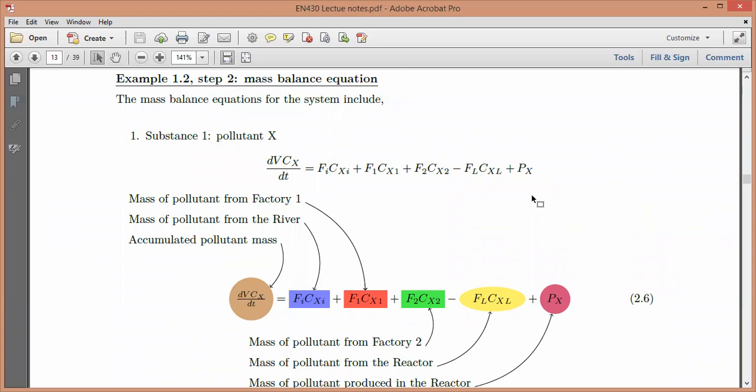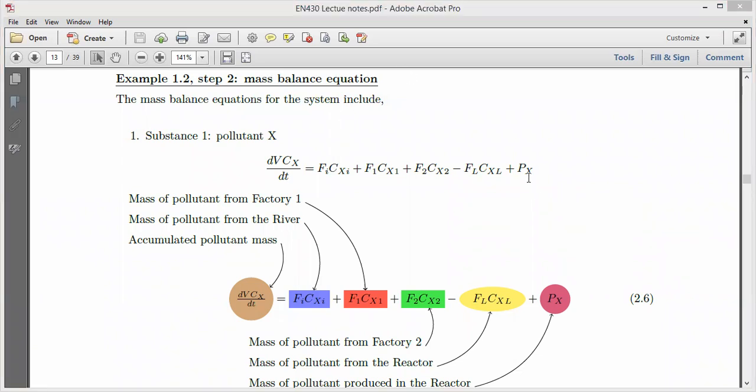Okay, so at t equals 0, what is the concentration of pollutant X in the lake? So at t equals 0, provided that these factories will be discharging at the same time, it means that the concentration of pollutant X in the lake is 0.